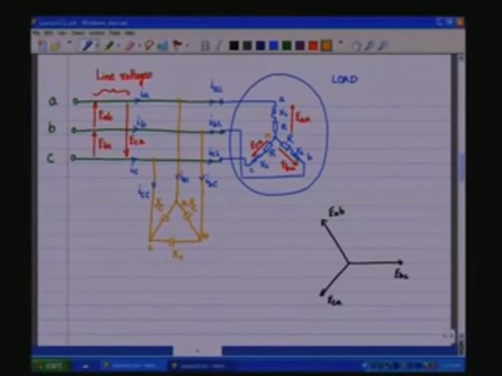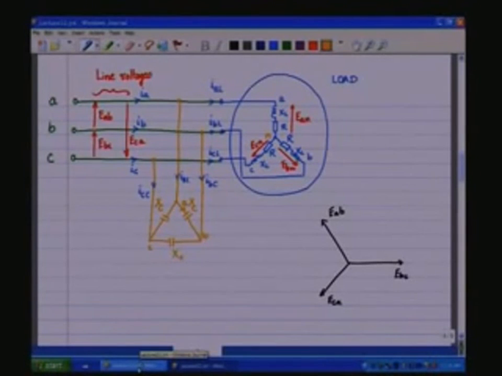Now, if you look at the currents in the phase, they are going to lead the voltages across the phase, because it is a capacitive network. If it had been resistive, the currents within the phases would be lagging the line voltage by 30 degrees, as we saw in the last session.